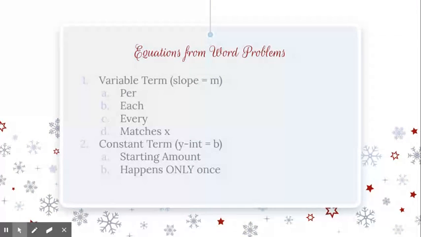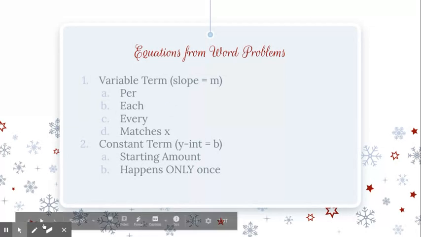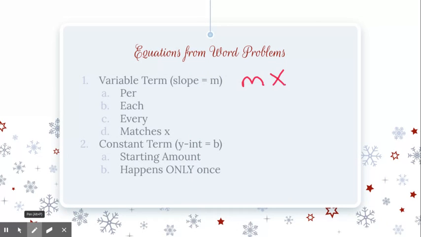So the variable term, that's the one that has the x. So this is going to be your mx. Whatever number the variable term is, you replace the m with that. Okay, so you want to look for per, each, and every, just like we've talked about in the past.